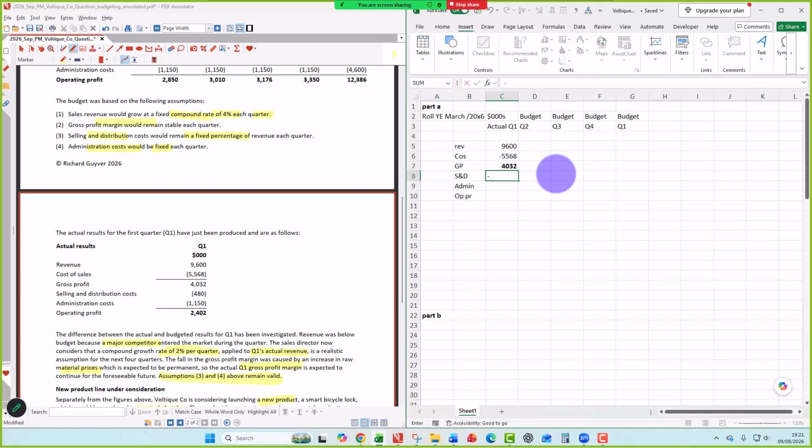And then my selling and distribution is 480 and admin 1150. Once again, I'm doing a sum of those 3. It matches what I've got down here, the 2402, so I'm quite comfortable that I've probably put the correct figures in.